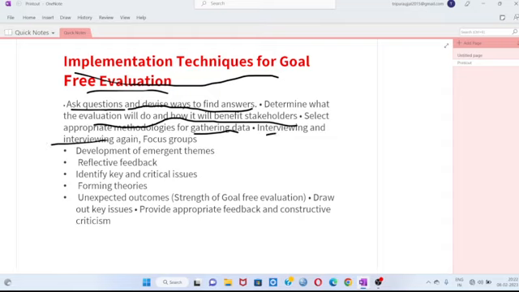You have to do a good interview and develop the emergent themes. What are the themes? Focus group and reflective feedback. You will ask the people for feedback, identify key and critical issues, and form a theory. We will make a theory, draw out key issues, and provide appropriate feedback and constructive criticism.